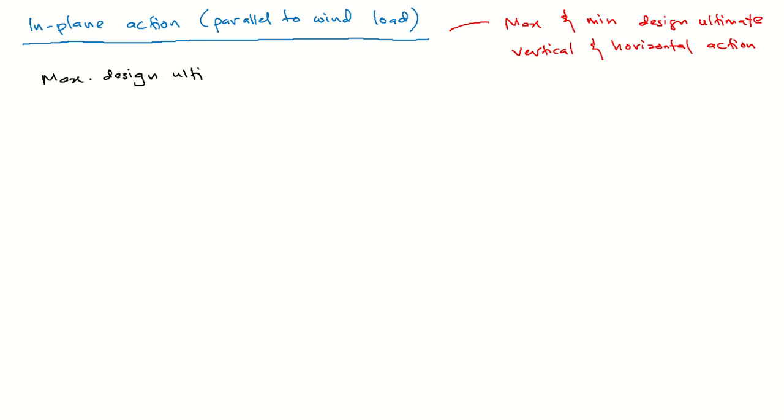First, the maximum design ultimate vertical action, the vertical action at the end of the wall due to GK, QK and wind load at the end of the wall.